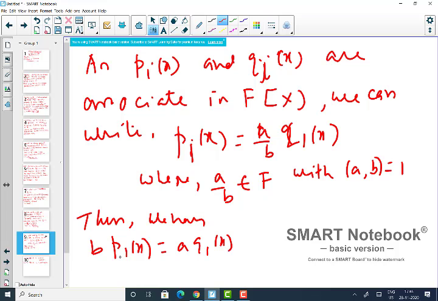So what does that mean? Maybe I don't want to write that down. Do I need a GCD thing? Let me think about it. No, GCD is not possible actually.